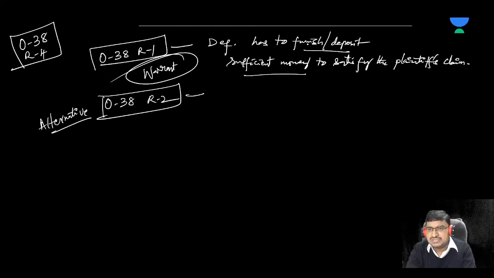In case he fails to furnish the deposit, he may produce the third party's surety. These two sections are related to surety.